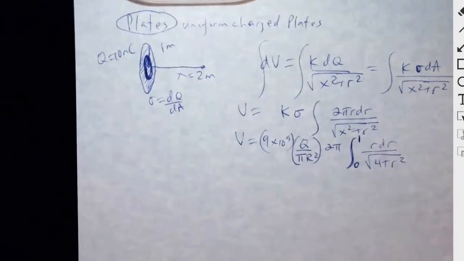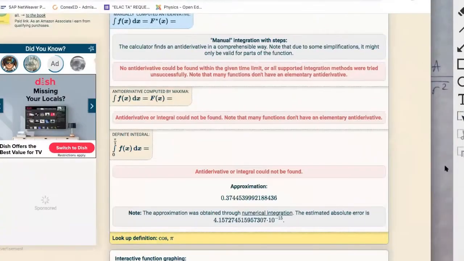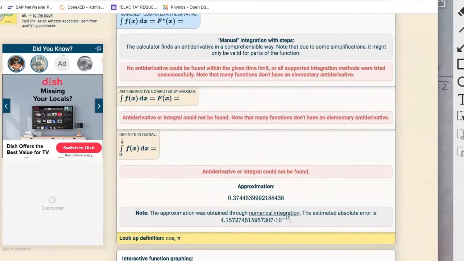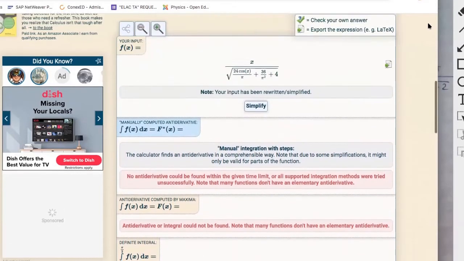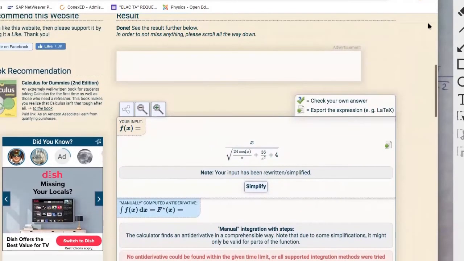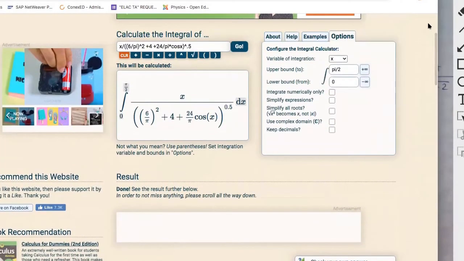Okay, so now let's put this into the calculator.